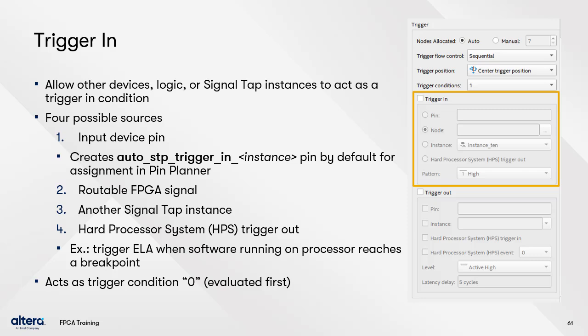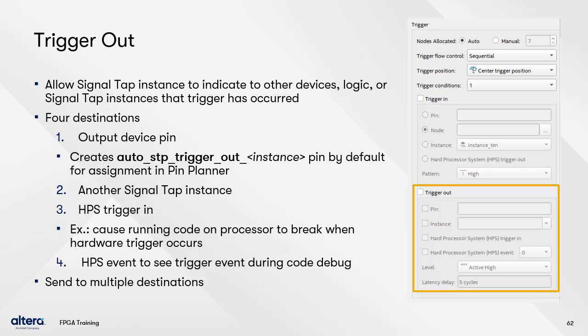The trigger-in signal behaves like trigger condition 0, meaning that it is evaluated first and must occur before any other trigger conditions. You can set the pattern for the input trigger signal in the same way as a basic trigger condition using the pattern option.